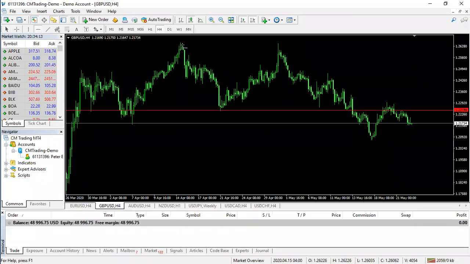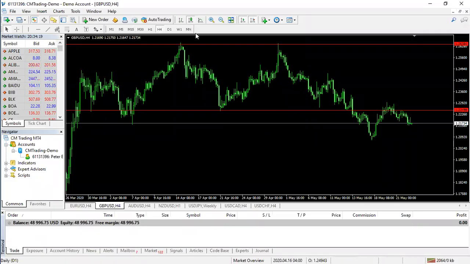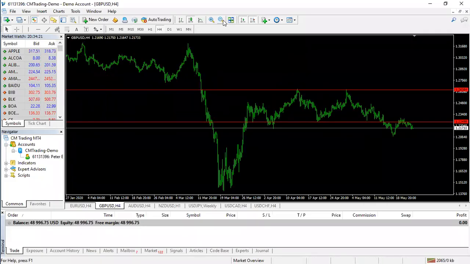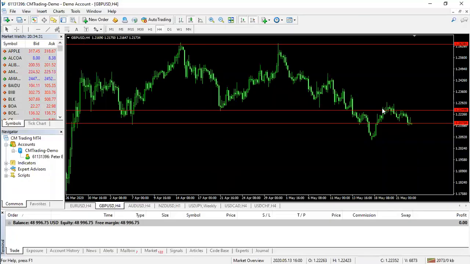So that is what we have for GBP USD on the 4-hour chart. You can zoom in and zoom out to get better positions like here. But anyway, all you need to understand is drawing supports and resistance, that's number 1.